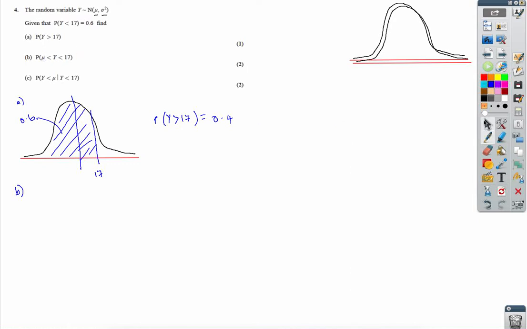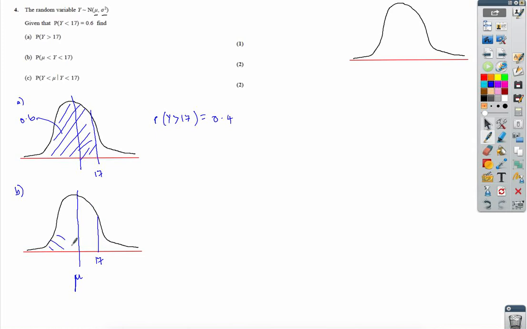The next bit we're asked about is the probability that Y is between mu and 17. So you have to apply your brain again, because this question is only worth 2 marks. This line down the middle of this curve, remember, is the mean. We want the probability that it's between the mean and 17. Now we know the whole of this area is 0.6.